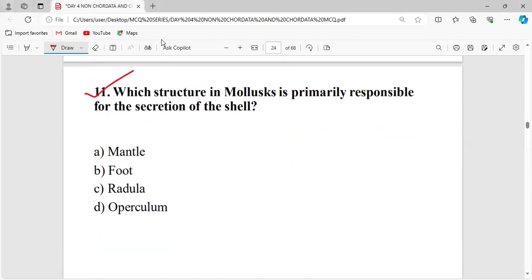And which structure in the mollusk is primarily responsible for the secretion of the shell? Mantle, foot, radula, or operculum. Very good.